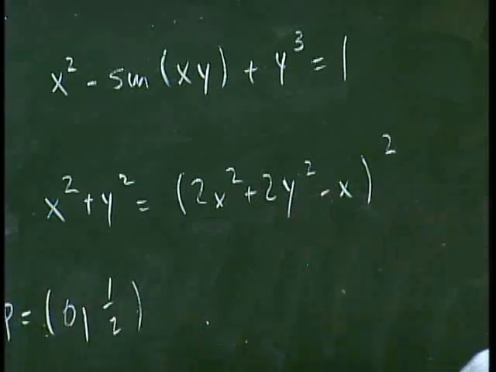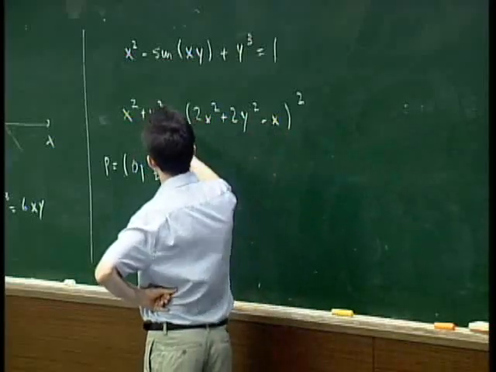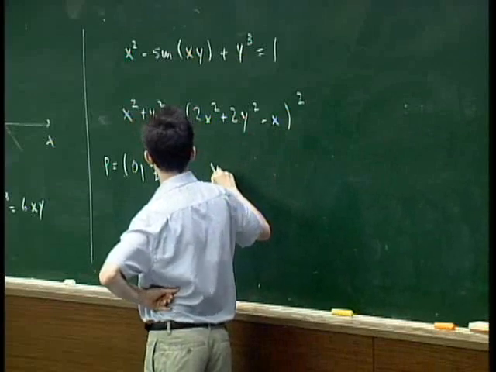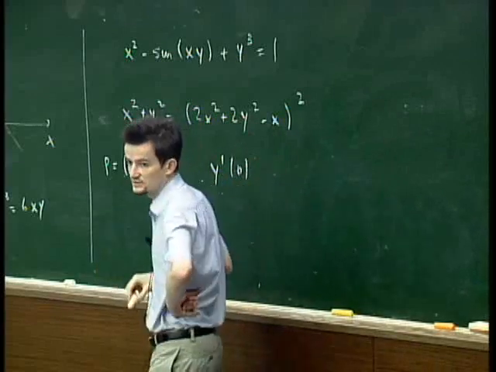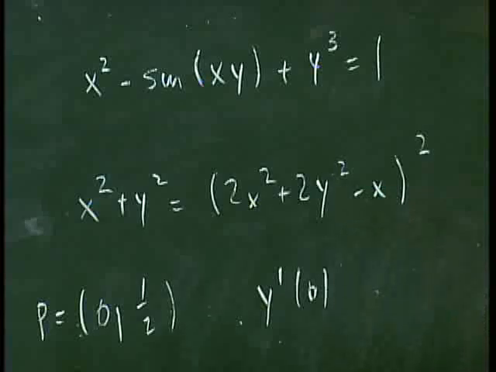You see that by using implicit differentiation, you could easily find the derivative at 0 and then find the tangent and so on. I'm not going to do this. I just show you how this curve looks like. We will encounter this curve at the end of this semester, next semester quite frequently.